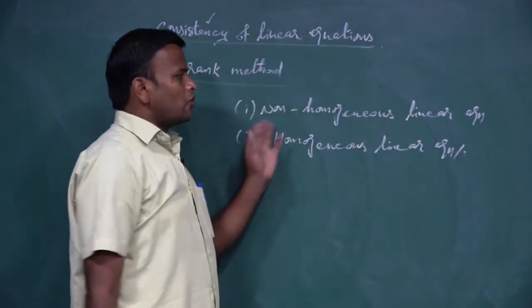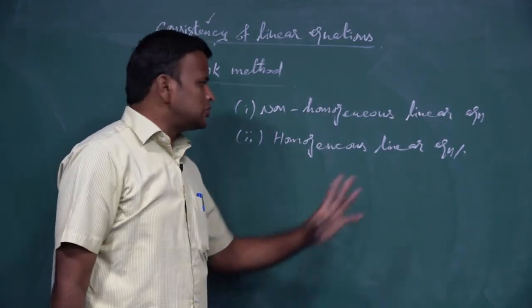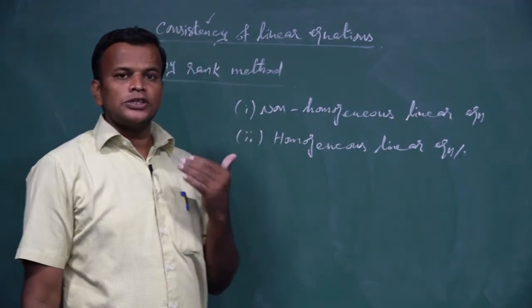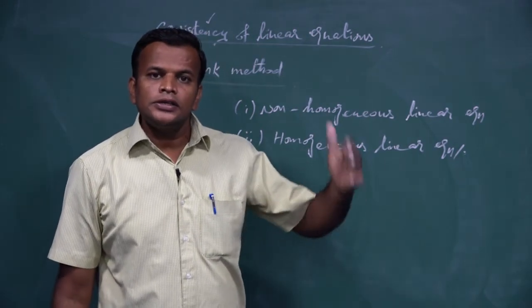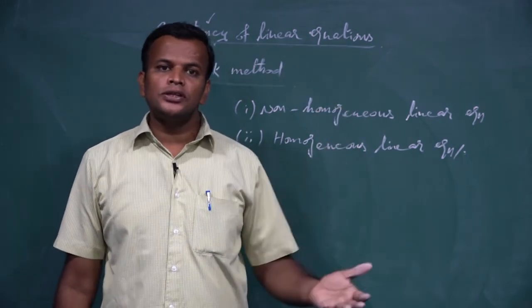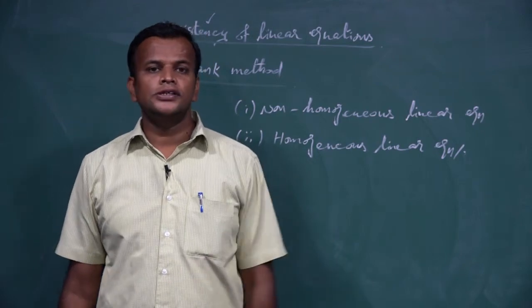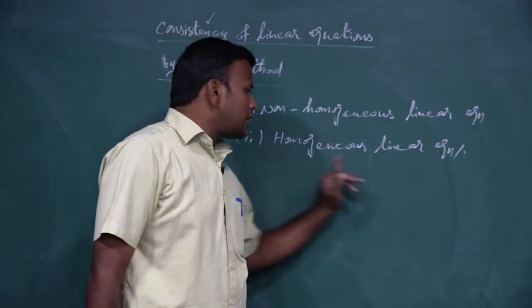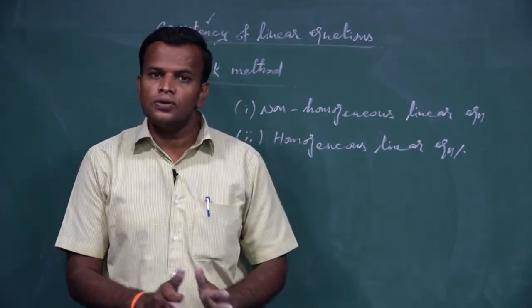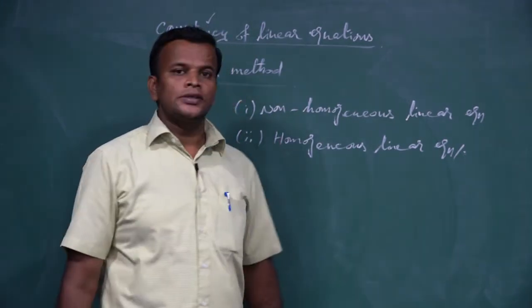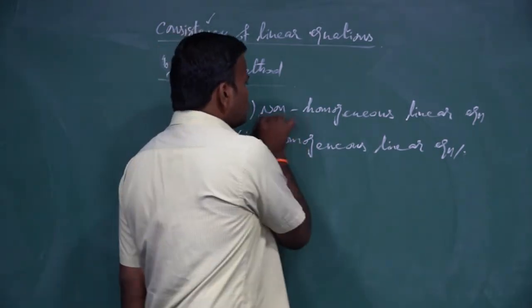What is meant by non-homogeneous and homogeneous? If in the given system of equations the RHS has any value non-zero, it is called non-homogeneous. If all the RHS values are 0, that is all the constants become 0, it is called homogeneous.